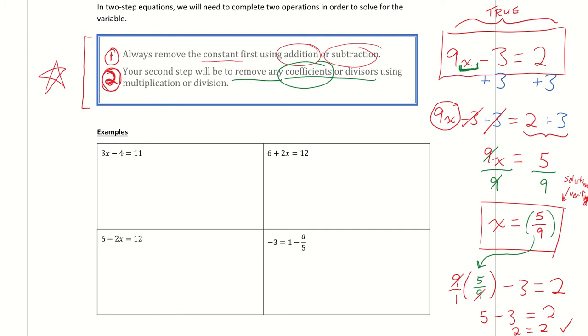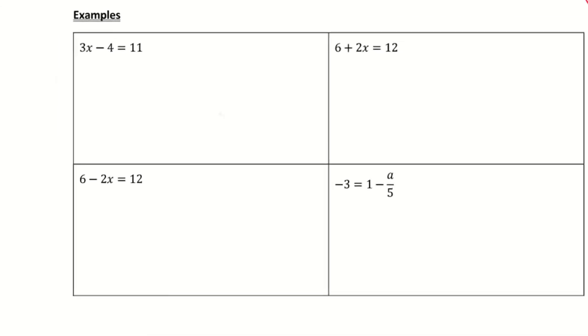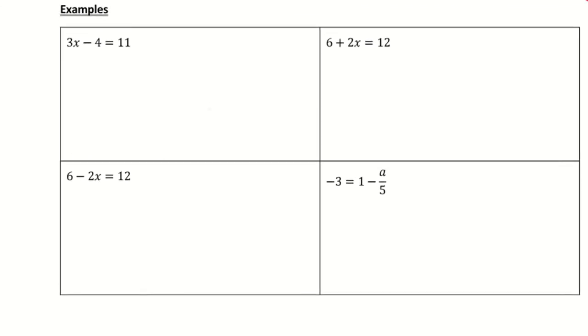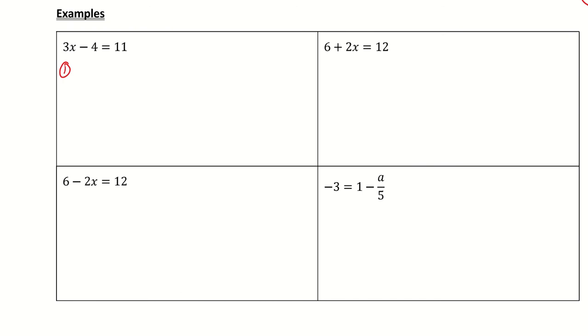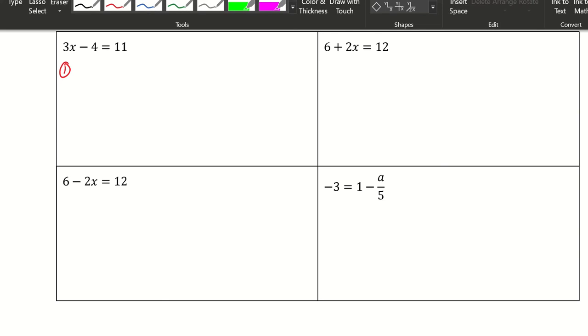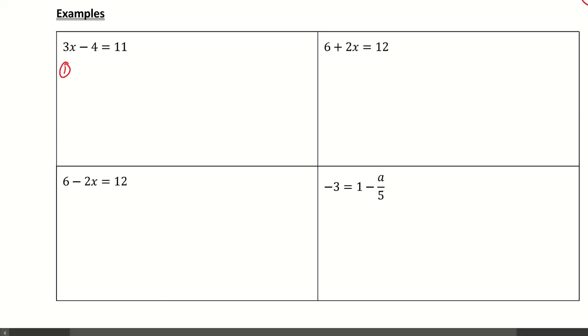All right, so I'll more quickly work through some of these examples. So let's look more closely at some of these examples in these boxes here. Here we have 3x minus 4 equals 11. Now, the first step is always to get rid of the constant, and we might again see here that there are two constants. So what we can do is identify the constant that is next to our variable term, right?